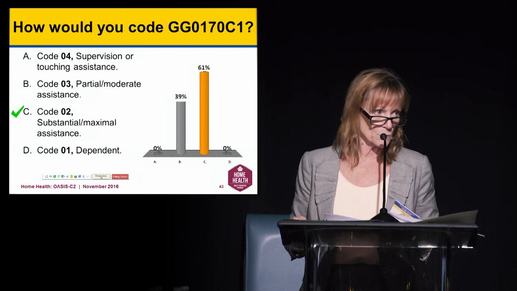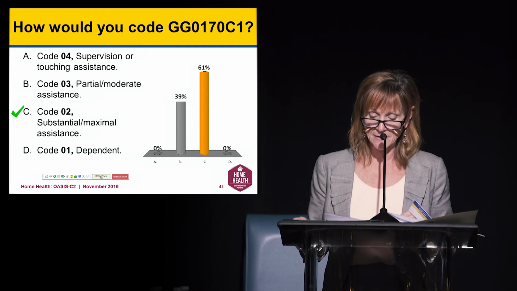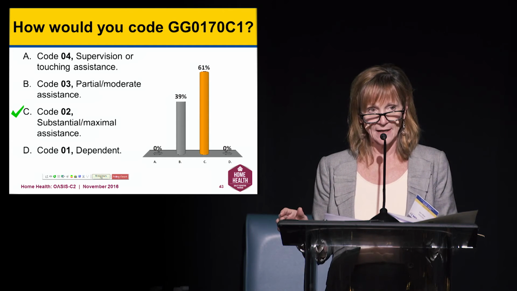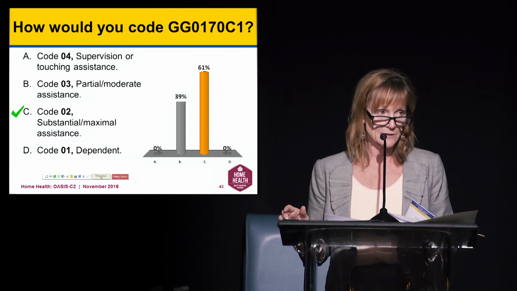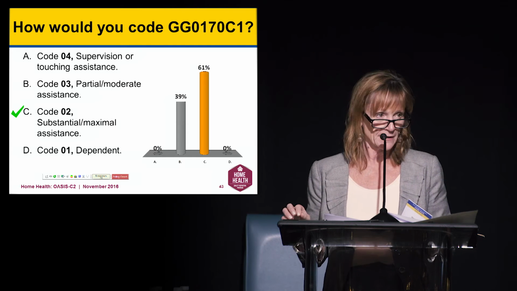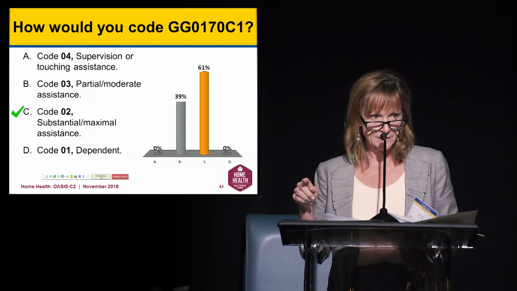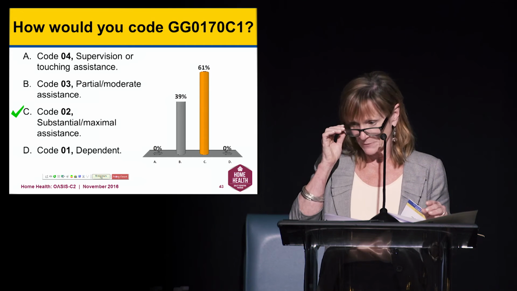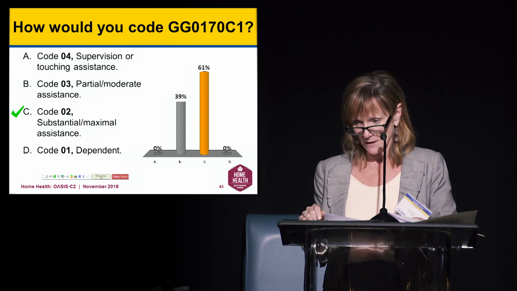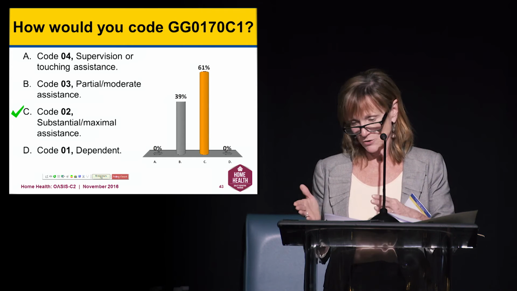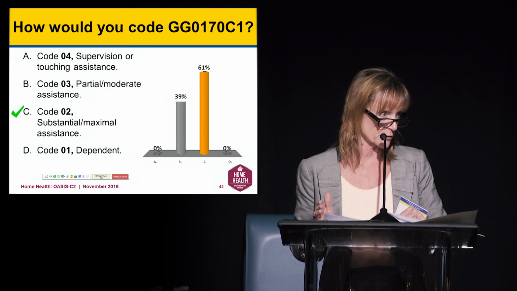So code 2, the way the scenario described, Mr. B required the caregiver to provide lifting and assistance that represented more than half of the effort. And again, that was the distinction that we talked about. So when I look at the scores, it was really divided between coding for 3, which is less than half, or choosing code 2, which is more than half.